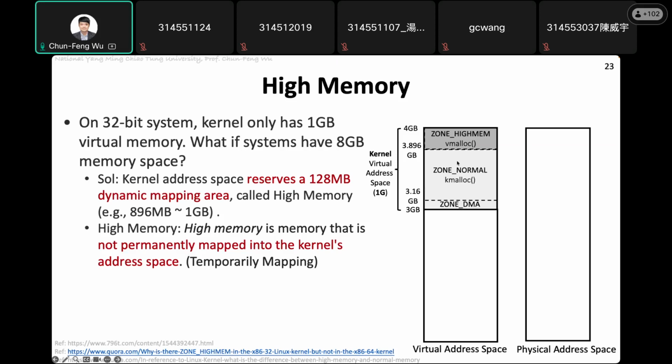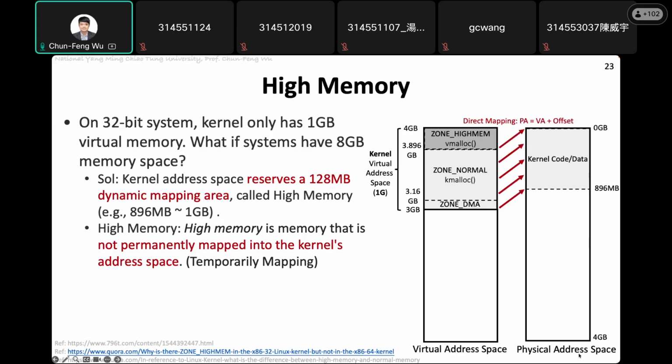Okay, but the case is, from 3 GB plus 896 MB to 4 GB, there are 128 MB. It is called ZONE_HIGHMEM. For this part, usually we can use the virtual memory allocation. Why I keep mentioning that the kernel has a super fast translation is because these are static.